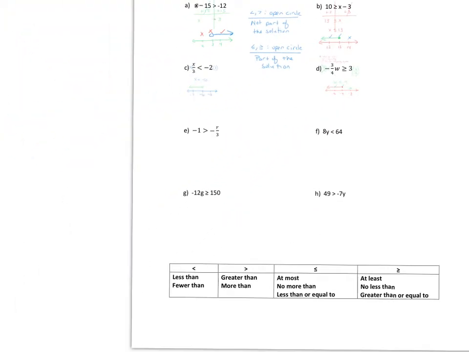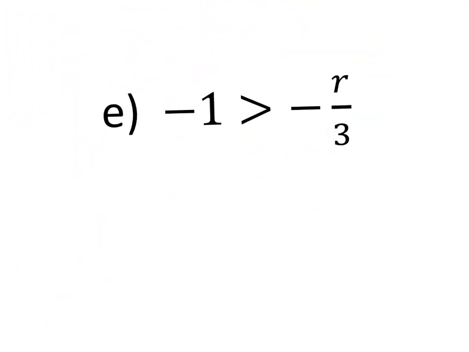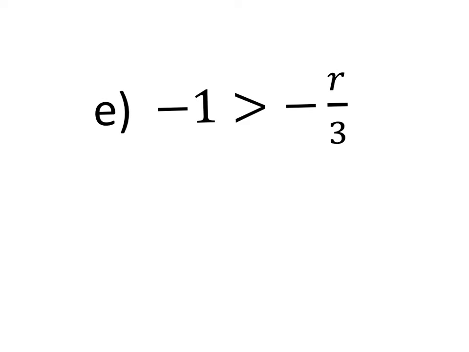Okay, going down to the next one. This one we have to be really careful. I'm going to count this just as a -3, so I'm going to put that negative with it. And since it says divide, I'm going to multiply both sides by -3. Those cancel, and I have an R. Now I did multiply by a negative, so that sign has to flip.